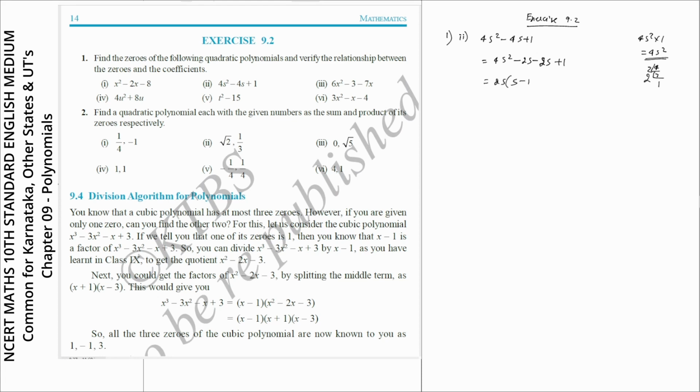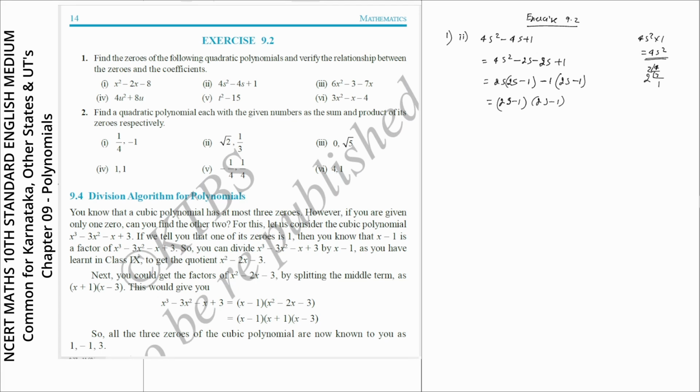I am left with 2s minus 1. Now again here, if I take 1 as common factor, I am left with minus 1 as common factor. I am left with 2s minus 1. So this is equal to 2s minus 1 into 2s minus 1.